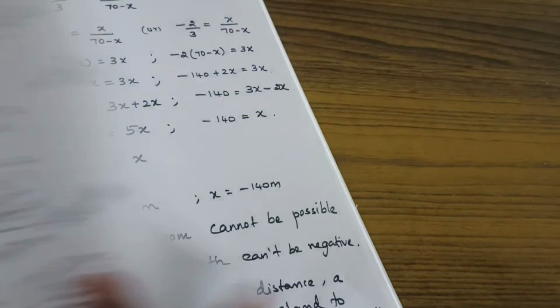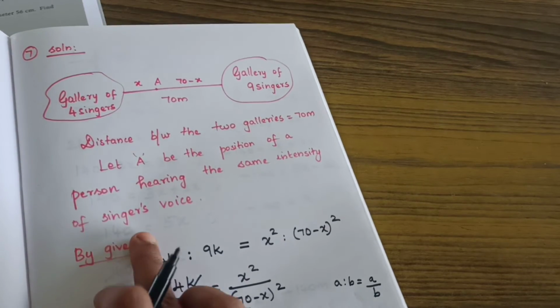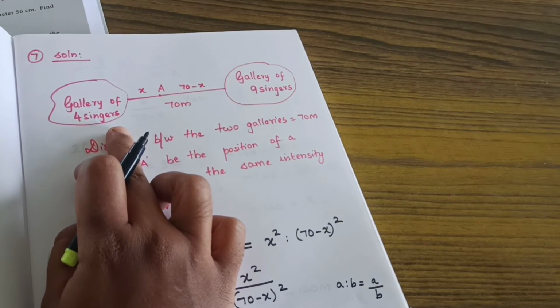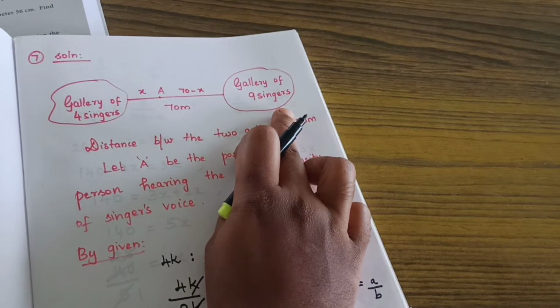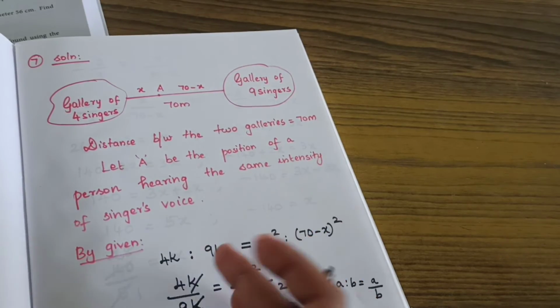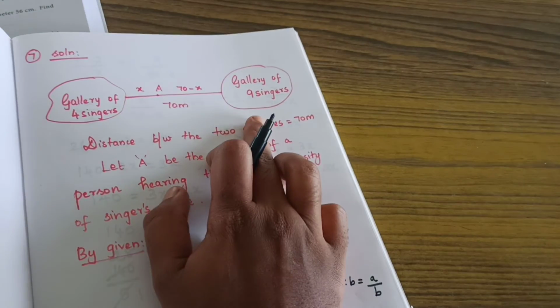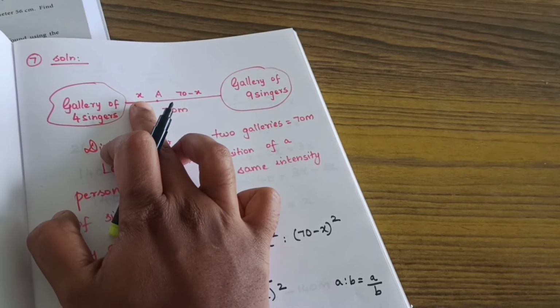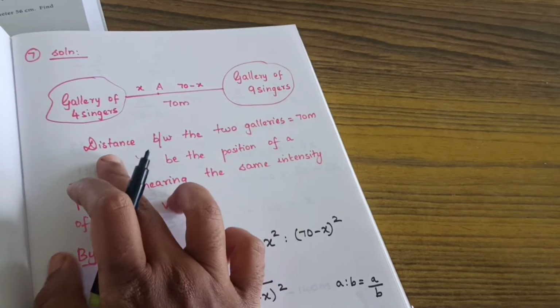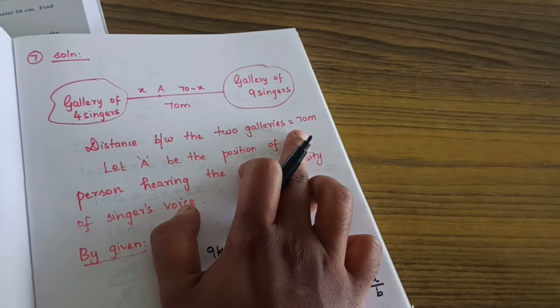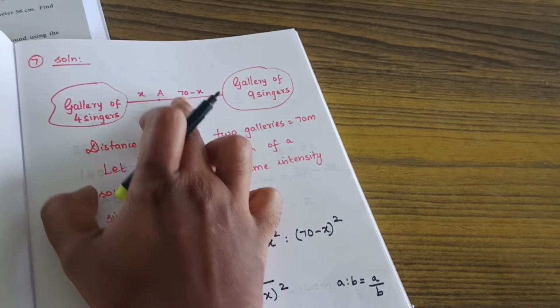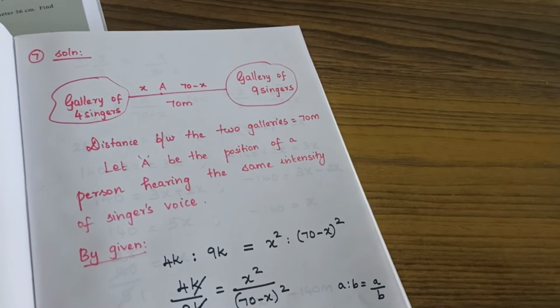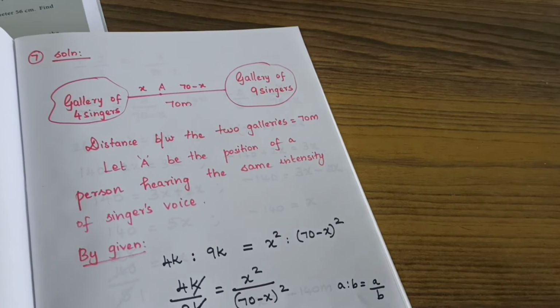Got the answer? Okay. Listen, there are two galleries. Gallery of 4 singers and gallery means a group of 9 singers. The distance separated is 70 meter and from here x and here 70 minus x. The distance between the two galleries is 70 meter and a person should stand to hear the same intensity from both the galleries.